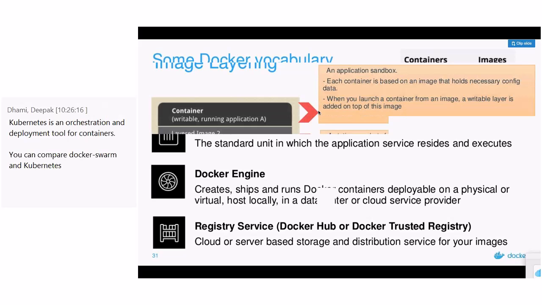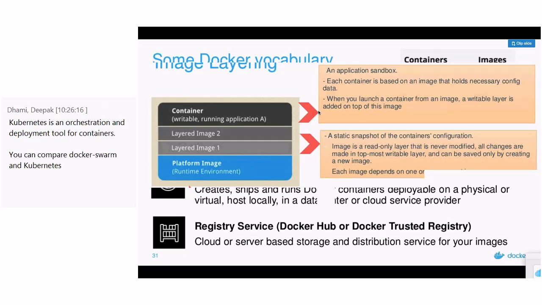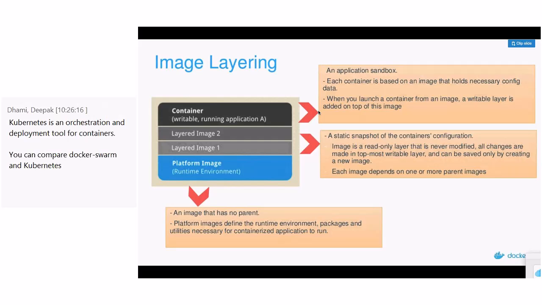Now let me go into a little detail on image layering and how it looks. A typical Docker image has a base image, which is a static snapshot of the container's configuration.